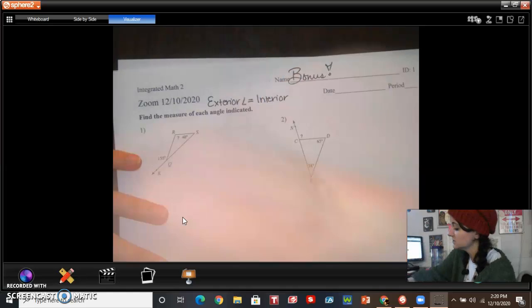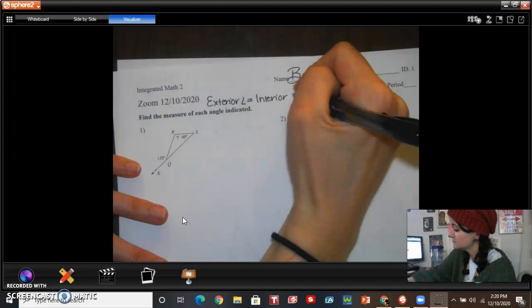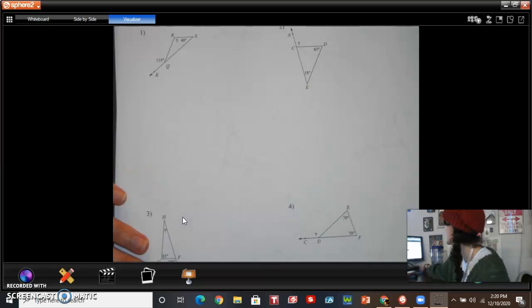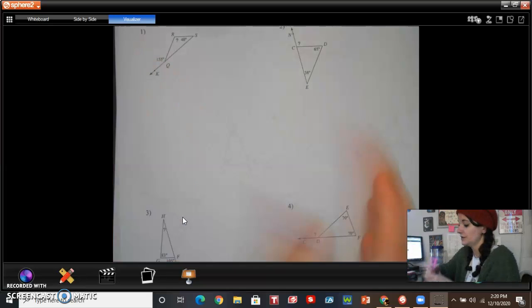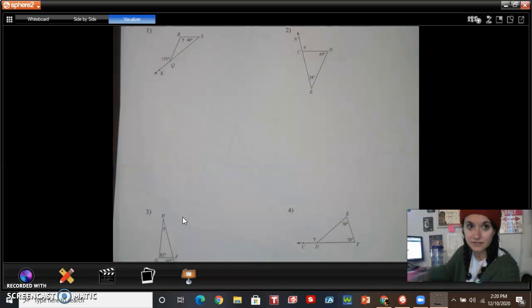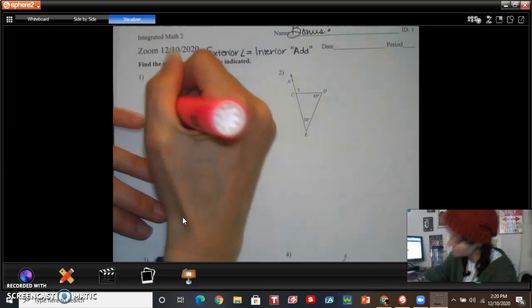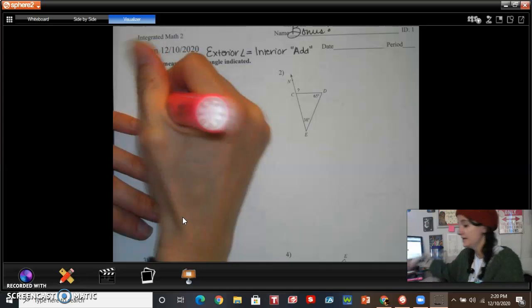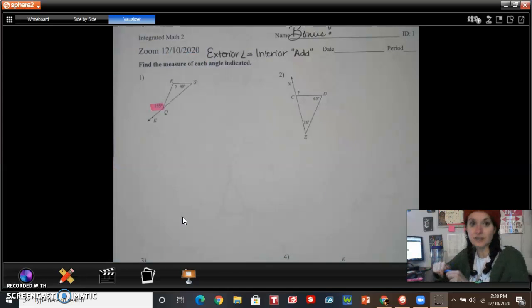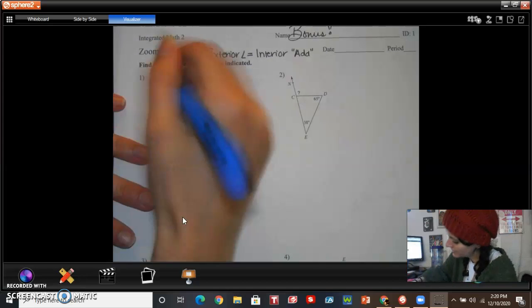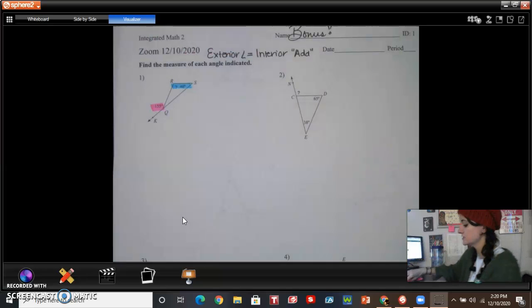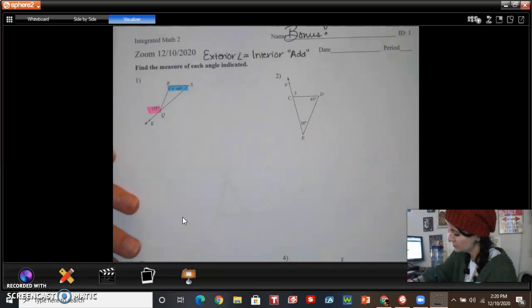Okay, so for example, outside of our triangle here in number 1, we have angle 155. Okay, and the two angles inside that are not touching it are right here. So we would say, okay, 155 is equal to question mark plus 40.